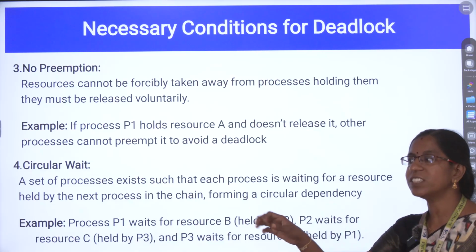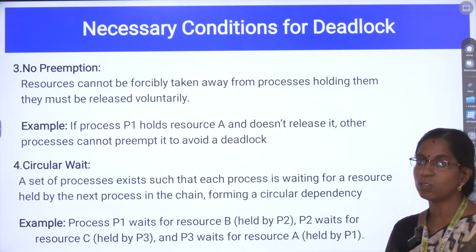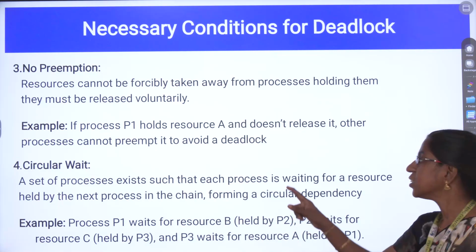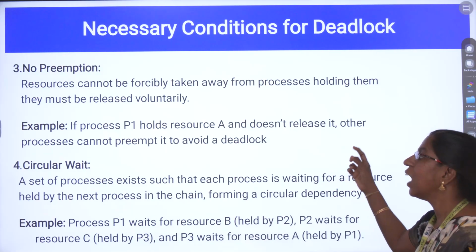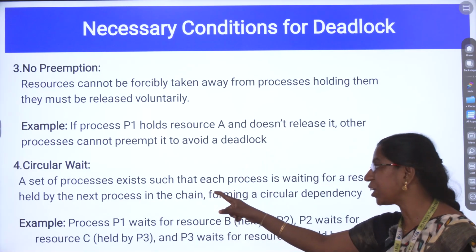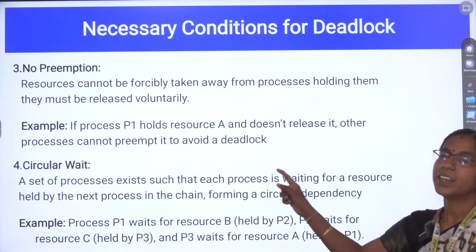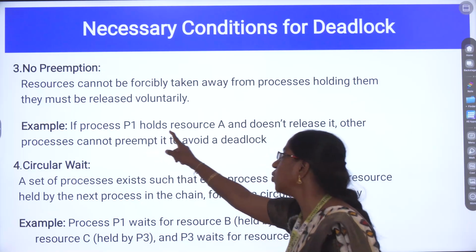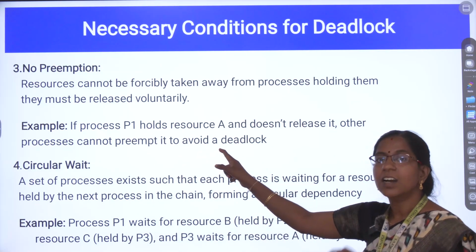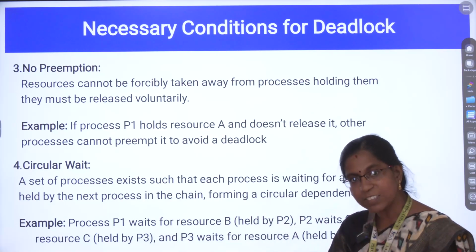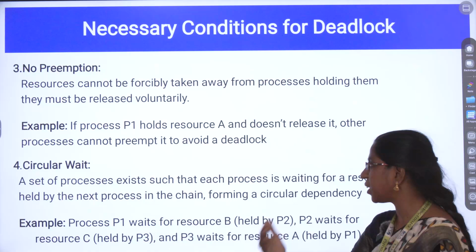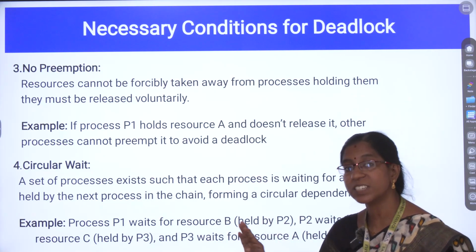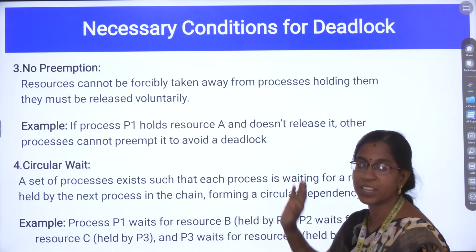For example, if process P1 holds resource A and does not release it, other processes cannot preempt it. Other processes requesting it have to wait until process P1 releases resource A. This is no preemption.